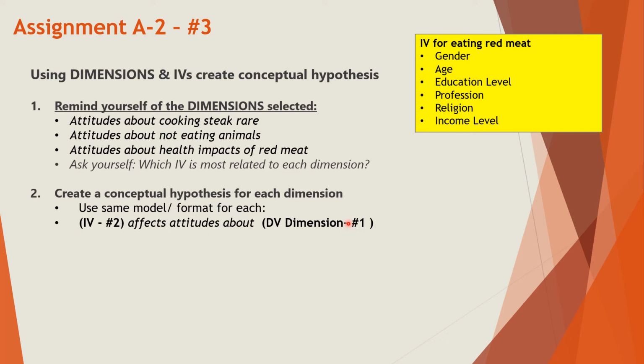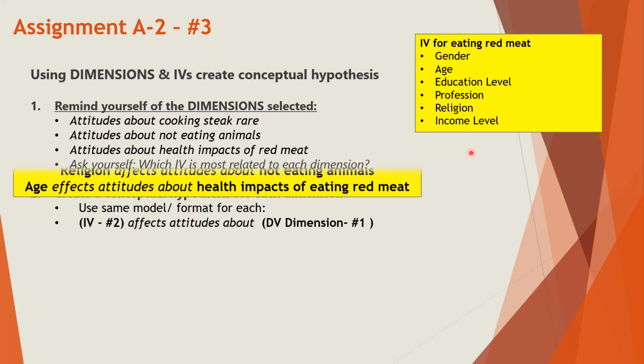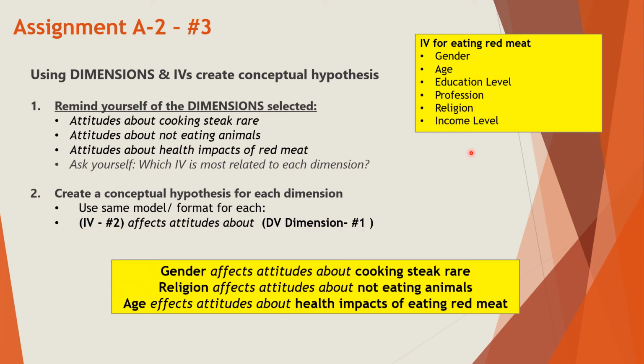Now notice that we're going to write each of these hypotheses in the exact same way. We're going to use the independent variable from number 2, affects, this is the exact language, affects attitudes about, and then the dimension that we see above. So for example, this is exactly what we get. The independent variable gender affects attitudes about cooking steak rare, the dimension.